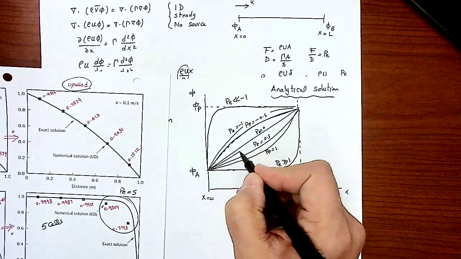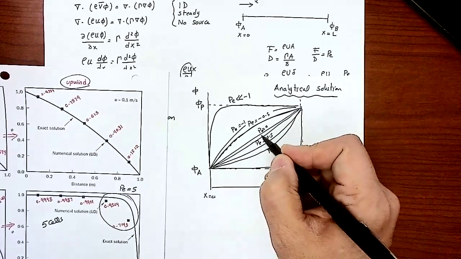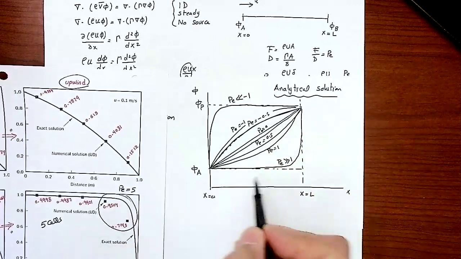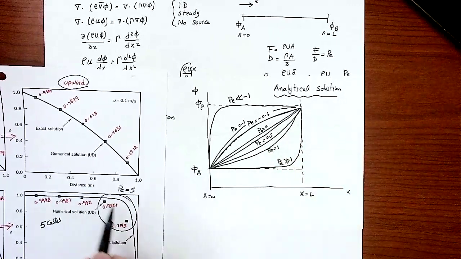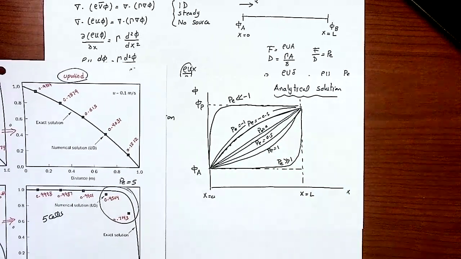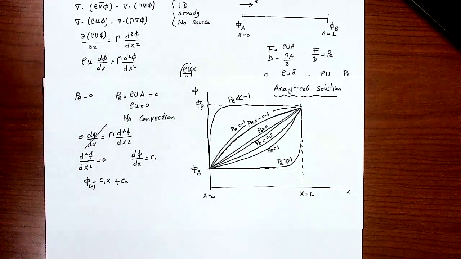So you may have something that looks like this. Linear approximation could still work, but you will start getting an error. When we went to Peclet number equal to 5, you realize there's a change in the flow direction of the solution, and this is exactly what you see here. That's why the approximation here is not matching well. So what we are trying to do is improve the numerical scheme to catch that profile.